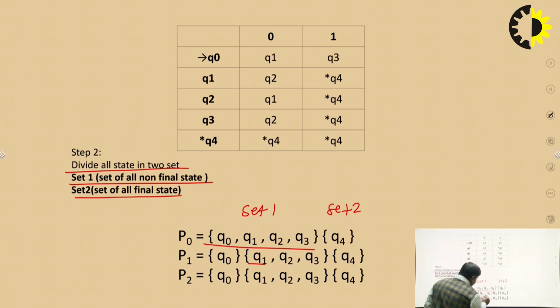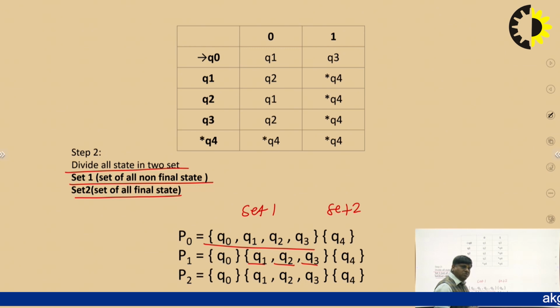Now Q1, Q2 and Q3 have the same transition function, so they lie in the same set. We check the transition function of Q1, of Q2 and of Q3. Now Q1 on A goes to Q2, Q2 on A goes to Q1, and Q3 on A goes to Q2.